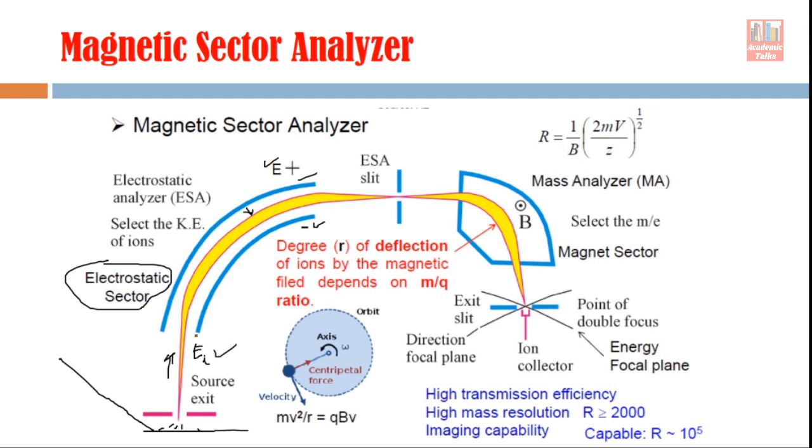So all the ions which don't have that suitable energy will touch either this plate or this plate before exiting, right? So a particular energy of secondary ions is thus selected in this electrostatic sector. You can see that only those ions which have this particular energy will be able to come out of this sector, right? So the electrostatic sector decides the energy of the secondary ions.